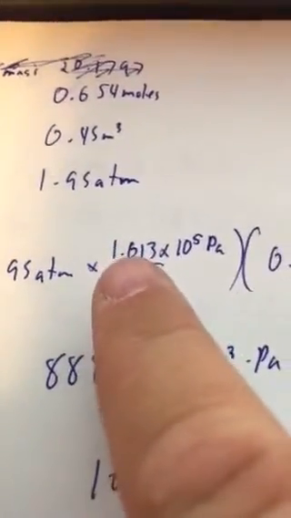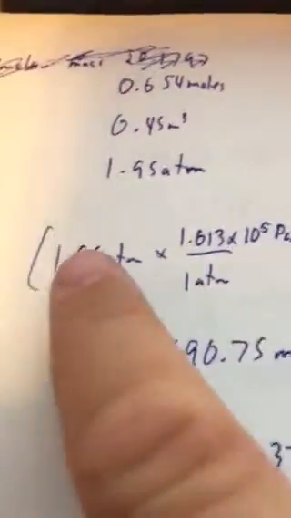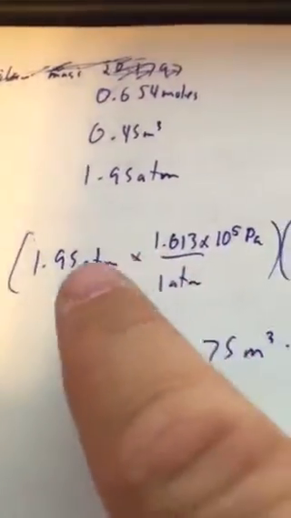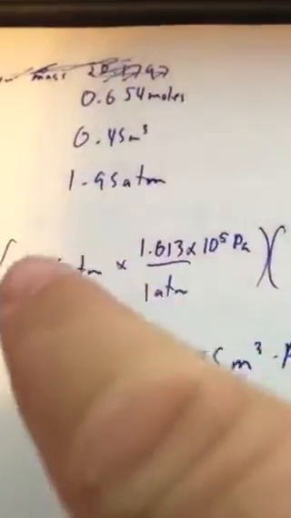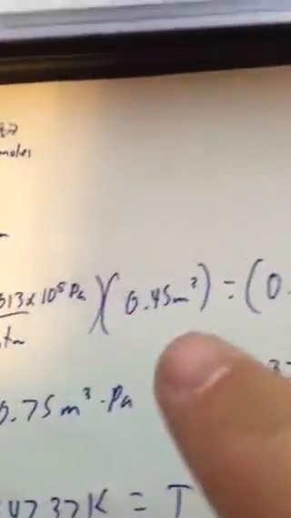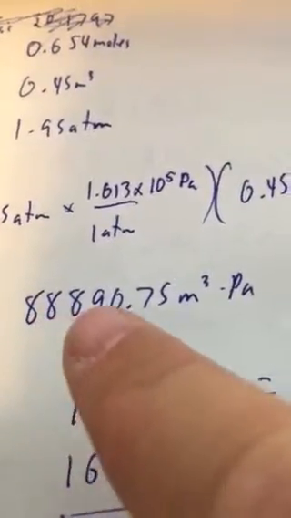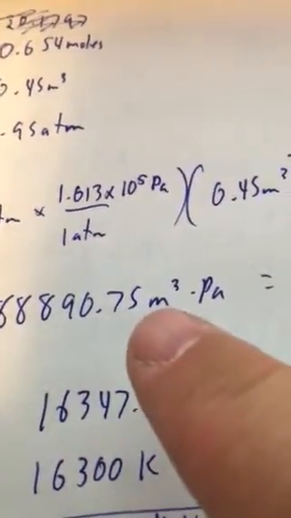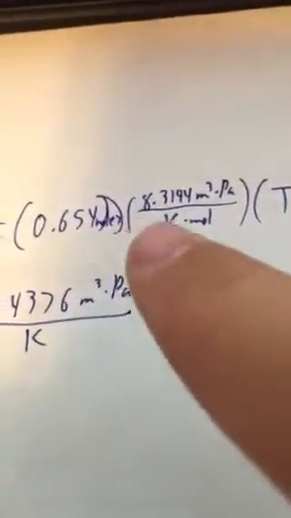Conversion is 1.013 times 10 to the 5th pascals per 1 atmosphere. Multiply them, the atmospheres cancel, leaving the number of this times this in pascals. Then you multiply that times 0.45 meters, and you get 88890.75 cubic meters pascals.